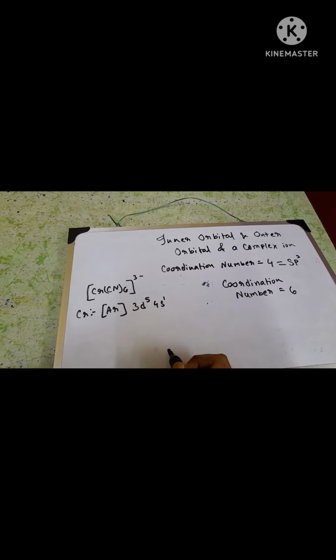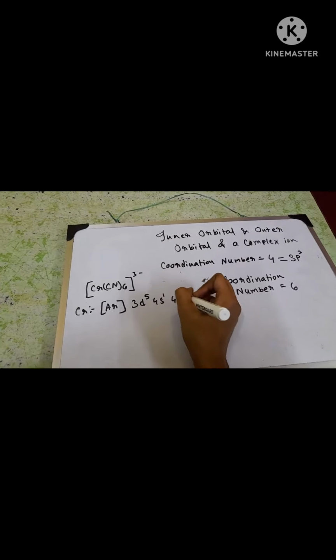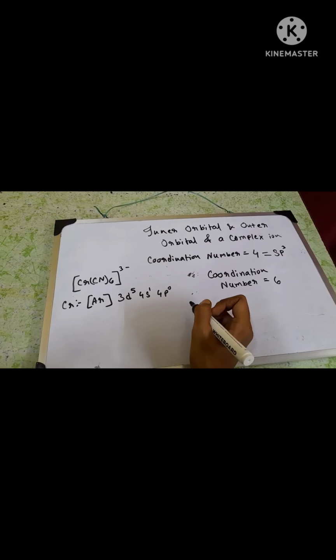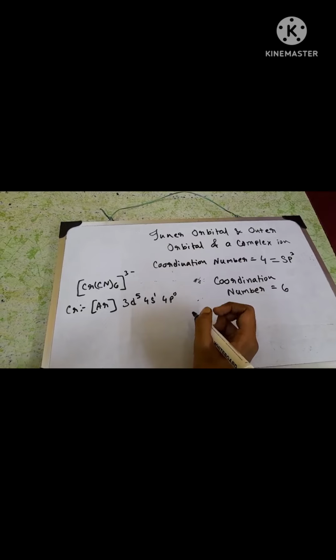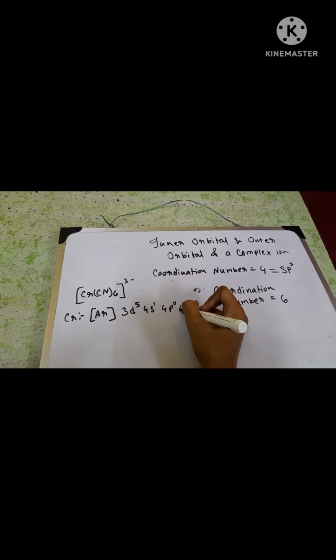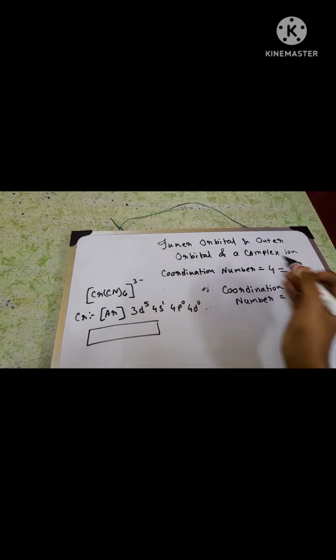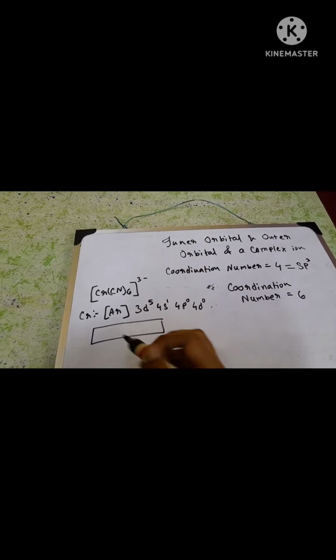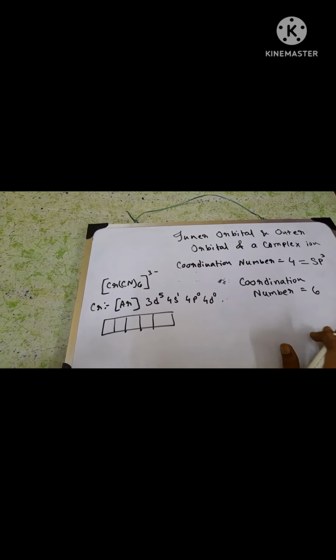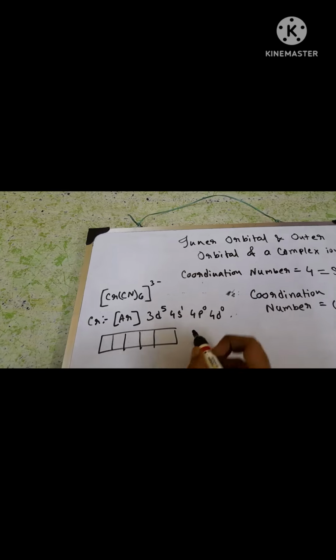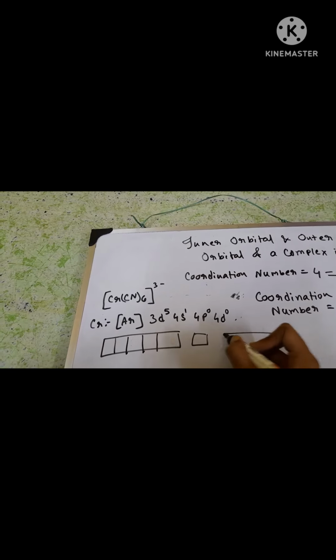So 3d5 4s1, 4p0, and 4d0 also. I hope you have written this. I have to remove the earlier portion because there is not much space on this board. Okay, please consider.